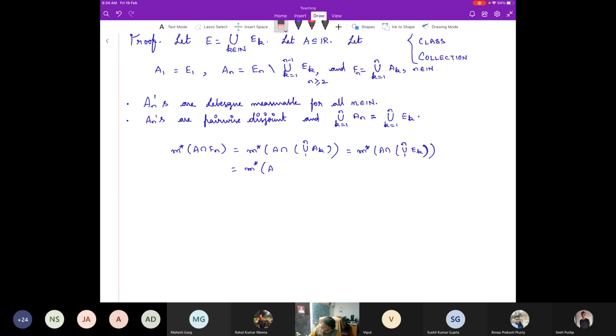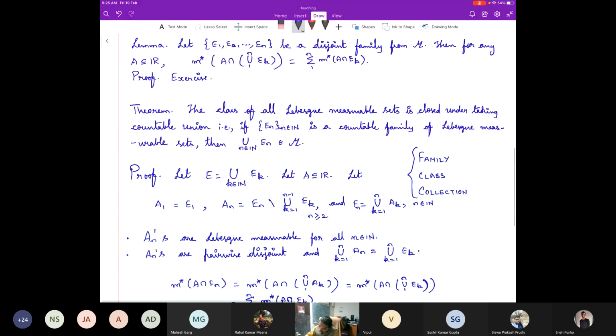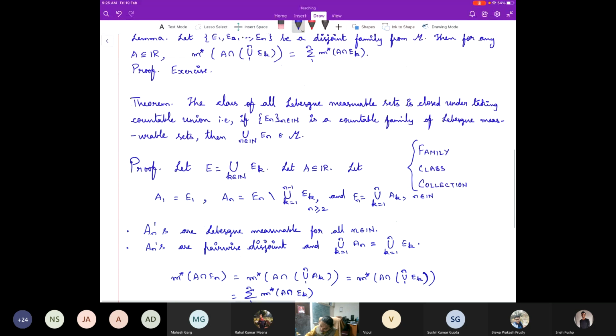Then, sorry, this is going to be the summation 1 to N of M star of A intersection with EK, right? No, these are not EKs. I want only AK, because there you need a disjoint family.